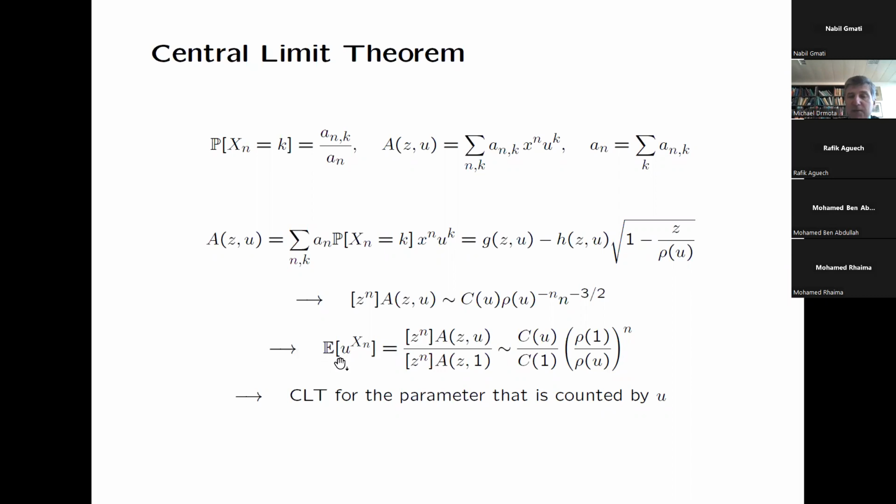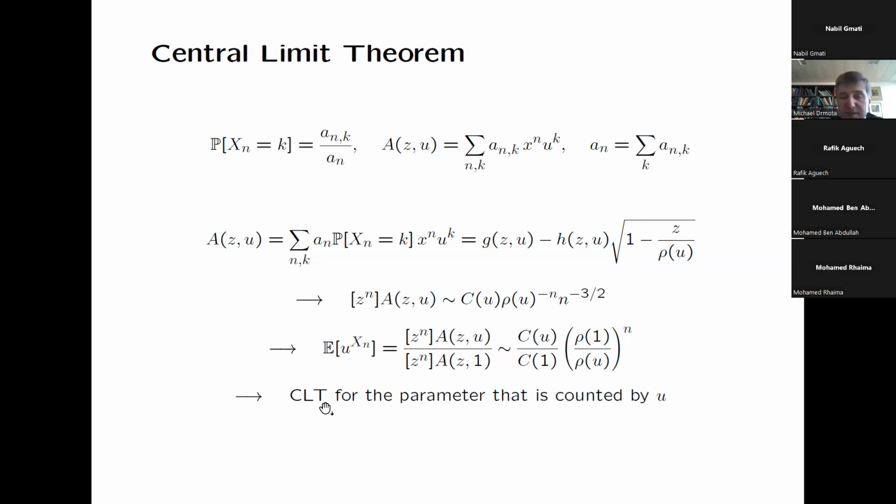If you have a property of that kind, then you automatically get a central limit theorem for the parameter. So summing up, if you have a functional equation for your generating function in two variables, you usually get automatically a square root singularity, and from the square root singularity you automatically get this property that your probability generating function behaves almost like a power of some function, and therefore you automatically get a central limit theorem.